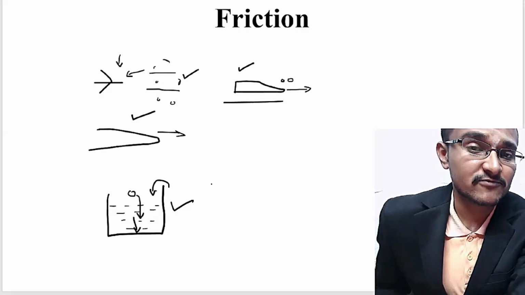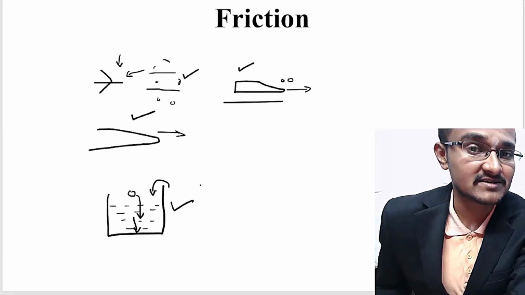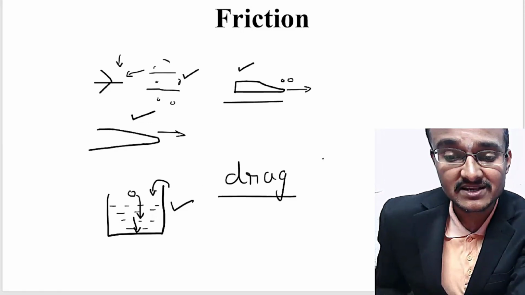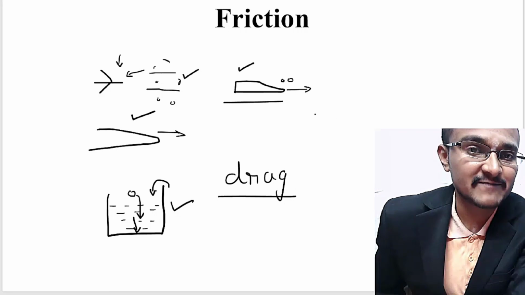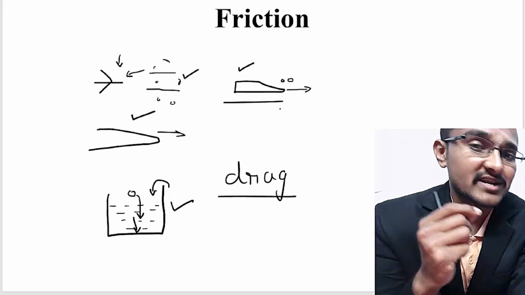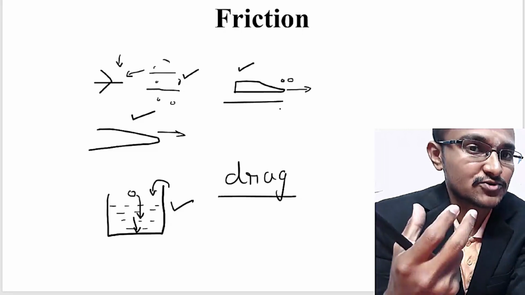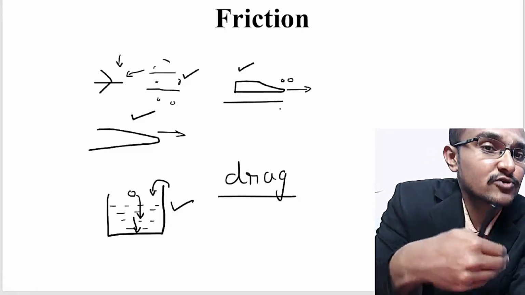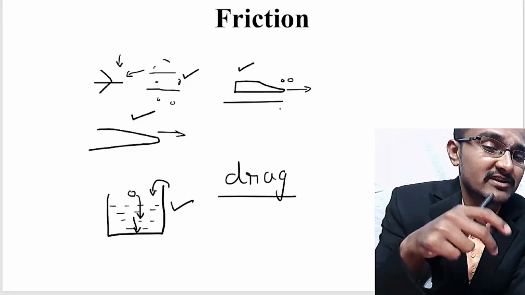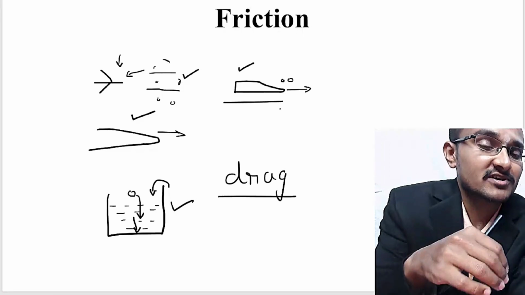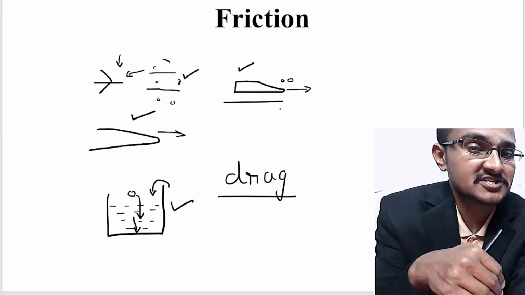So the frictional force which is applied by the liquids is known as drag. You might have seen that walking inside a swimming pool is very difficult. When you walk on empty land, there will be a lot of air molecules which apply less friction to you, hence it will be easier for you to walk on land. But when you walk inside a swimming pool which is filled with water, walking inside water will apply more friction to your legs.